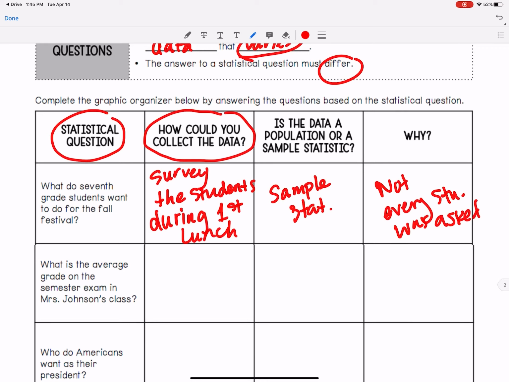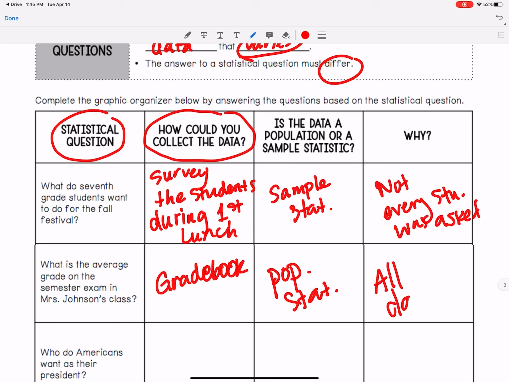So how could we collect the data for that? We could use her grade book. That's where data is collected. Is the data a population or a sample statistic? Well, that one would be a population statistic. And why? Well, because everyone's data is collected. So I'll just put all data is collected.